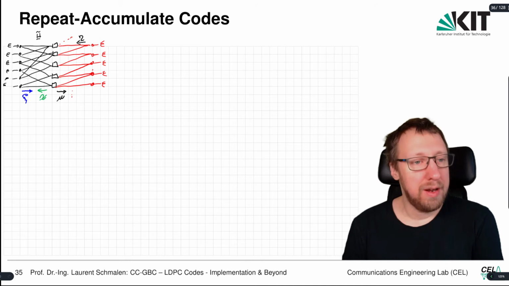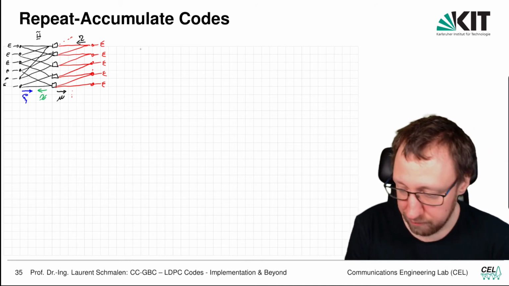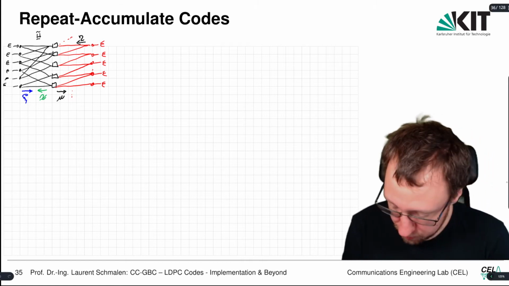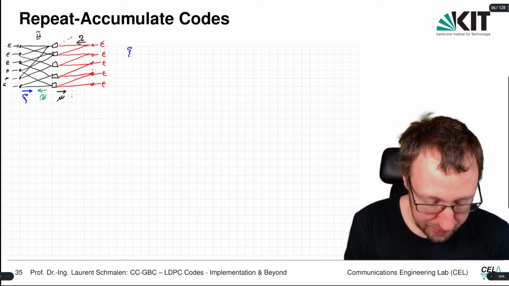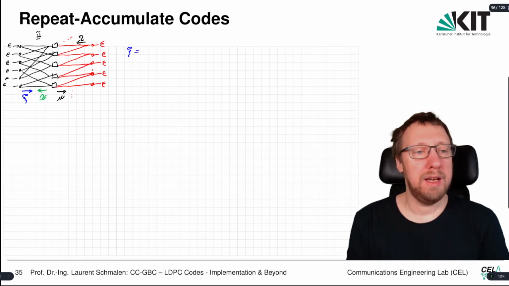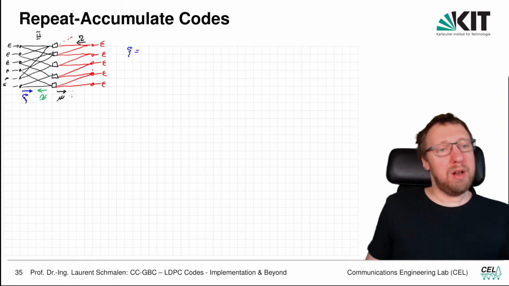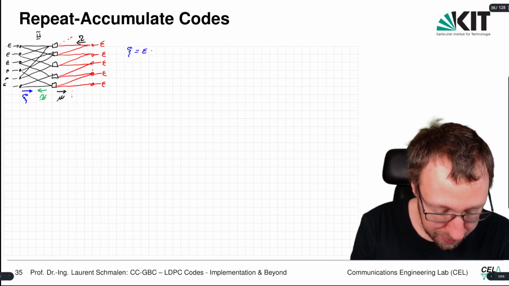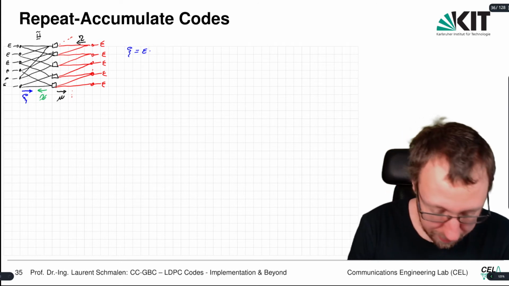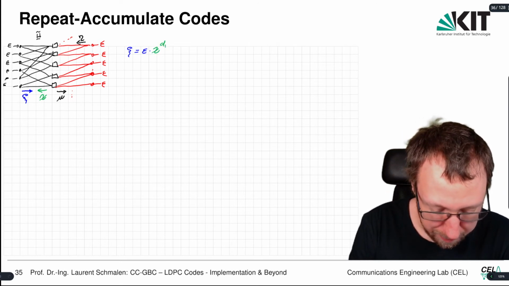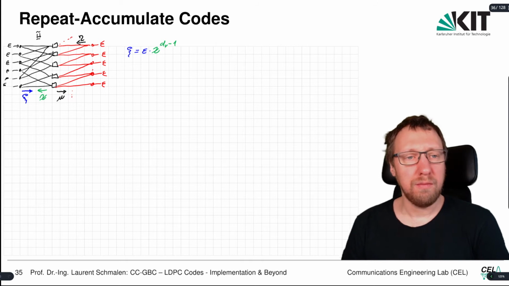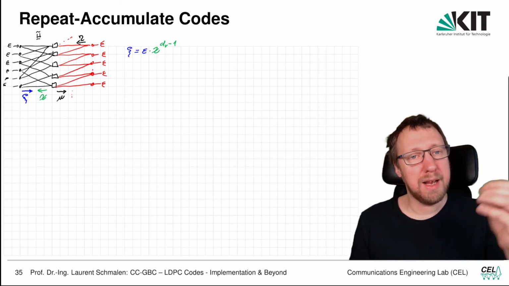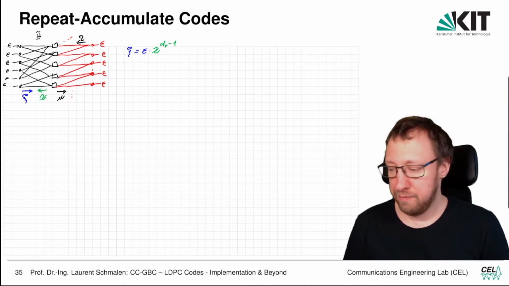So we start with xi, and let me use the blue color. So xi is the probability that the message from variable node to check node is erased. And that is equal to epsilon times chi to the power dv minus 1.